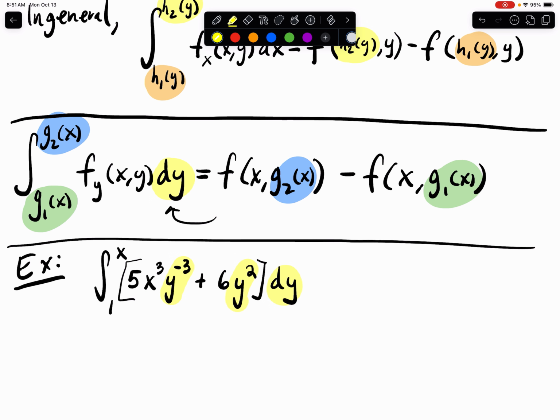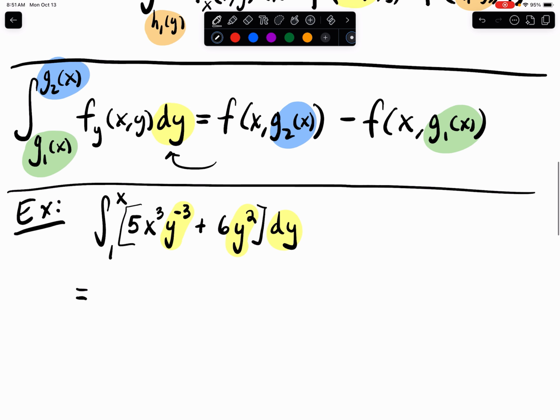So how do I integrate? I add 1 and divide by it. The integral here is going to be 5x cubed, that's my constant, and then y to the negative 2 divided by negative 2.